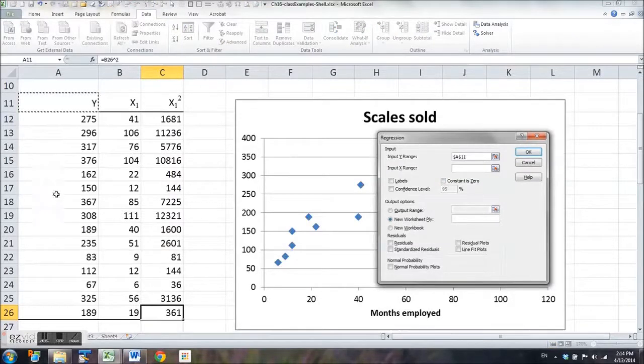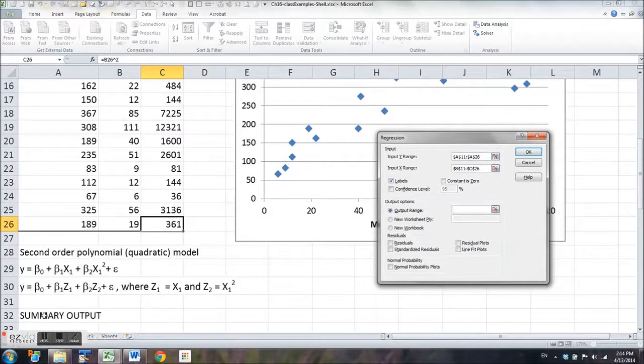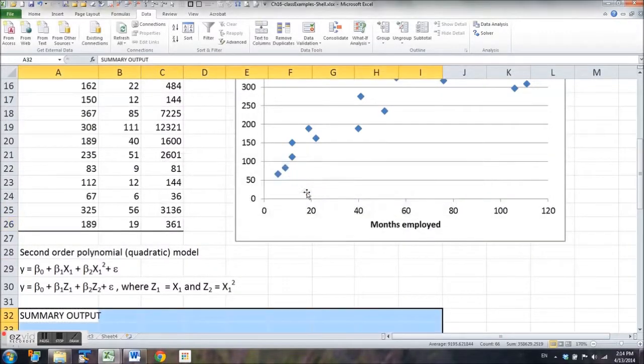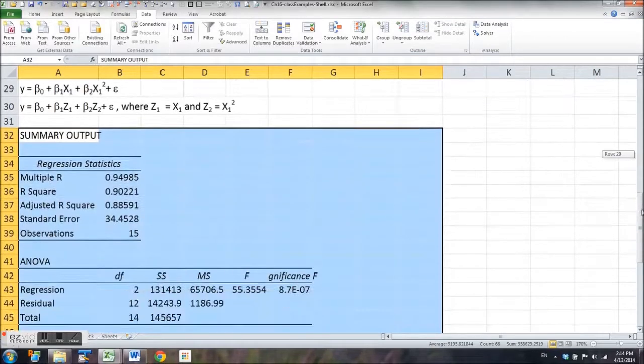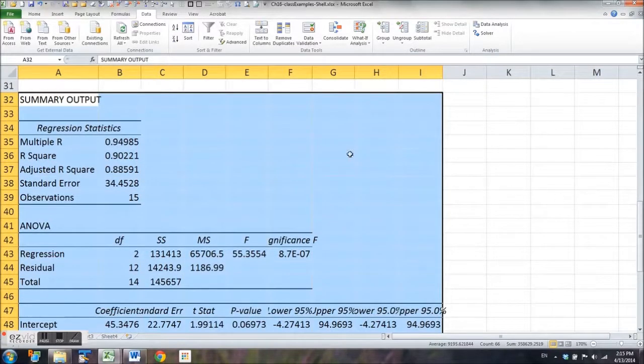And Y range is that. X range is now x sub 1 and x sub 1 squared. Labels. And let's put the output right there. Now let's go ahead and format the output.